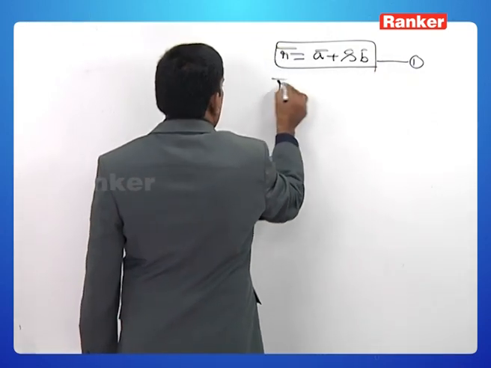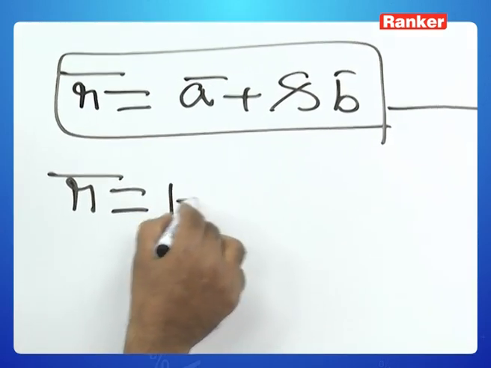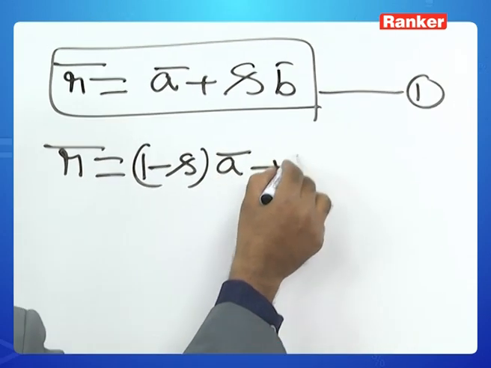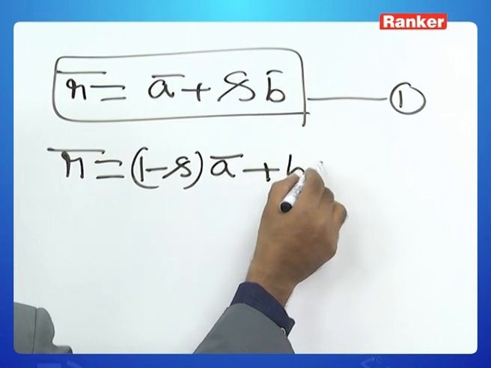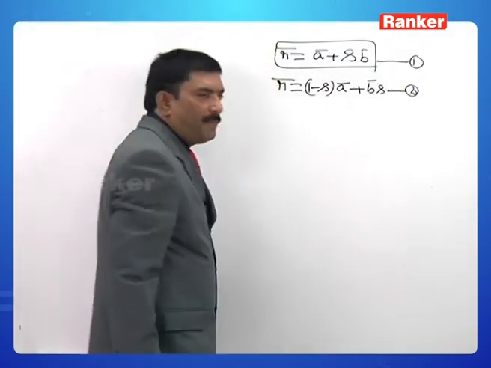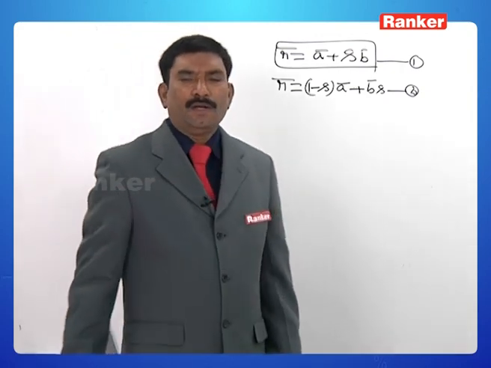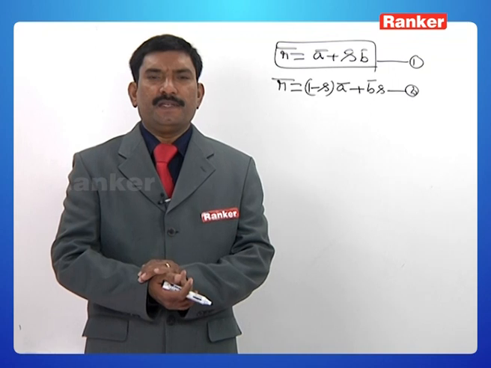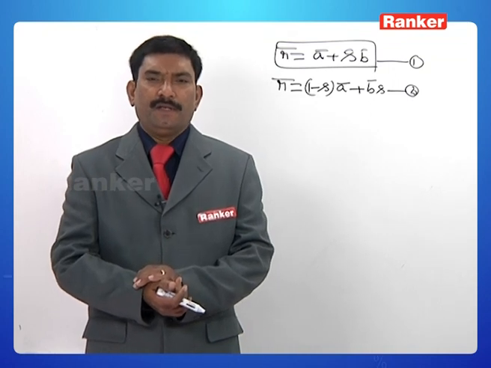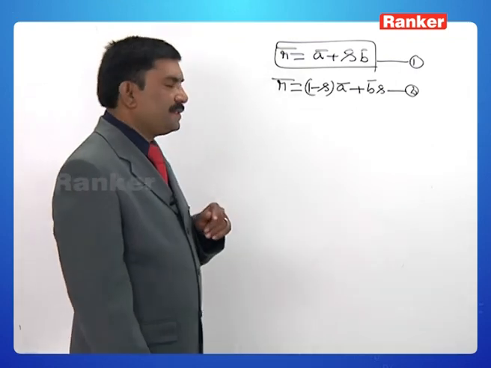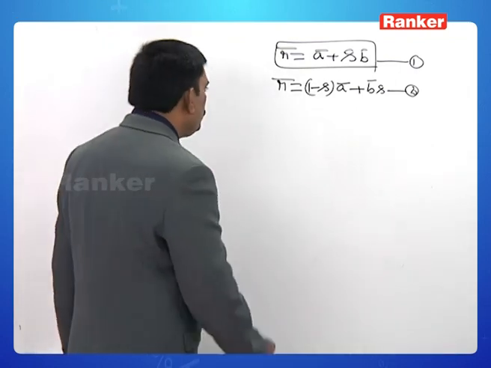Next, the vector equation of a straight line passing through two points A bar and B bar is R bar equal to (1 minus s) into A bar plus s B bar. Now these two represent the line equations.